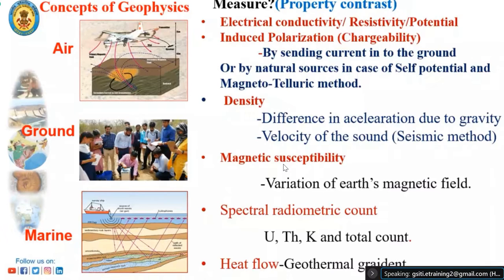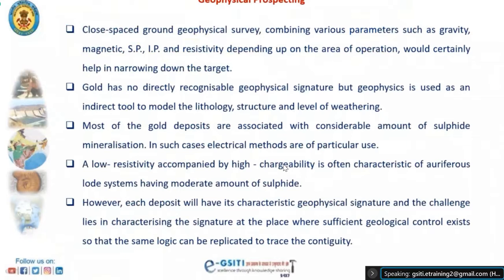All these geophysical processes help us find the different minerals present on the surface and underneath. As I told you, the spacing is very important in geophysics also. Closely spaced ground geophysics along with gravity, magnetic, self-potential and resistivity will certainly help in narrowing down the target.